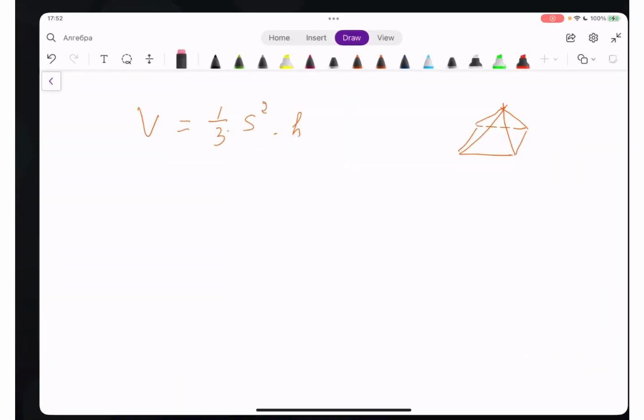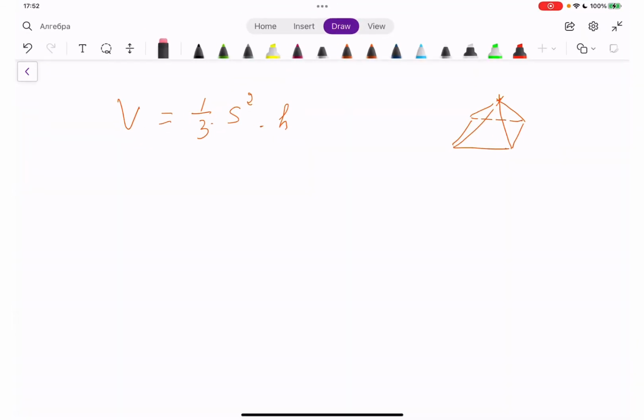Okay, here the height is 3, and the side is 2. So this S is going to be 2, and it's going to be 2 squared, right? Because the area is going to be 2 squared. So we are going to have 3 times 4 times 2, right? So it's going to be 8 over 3, right?